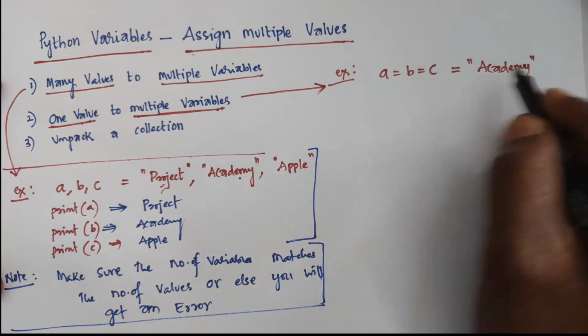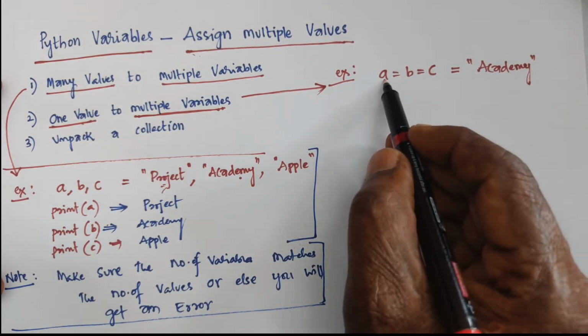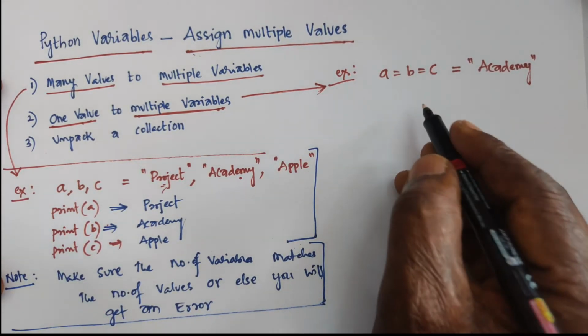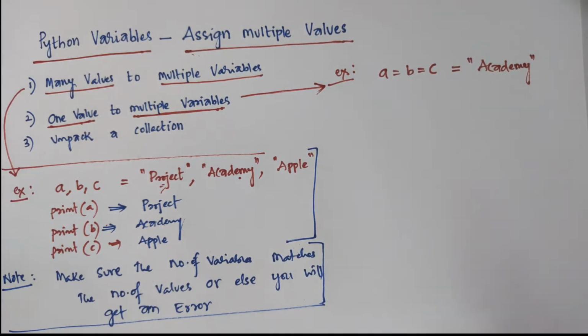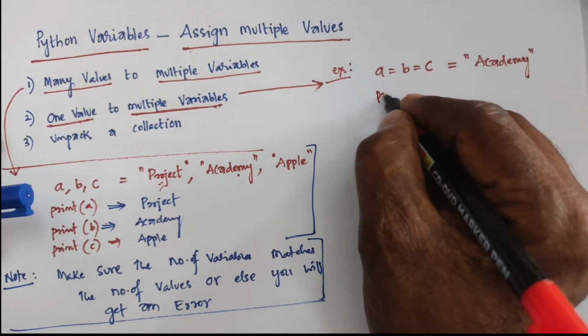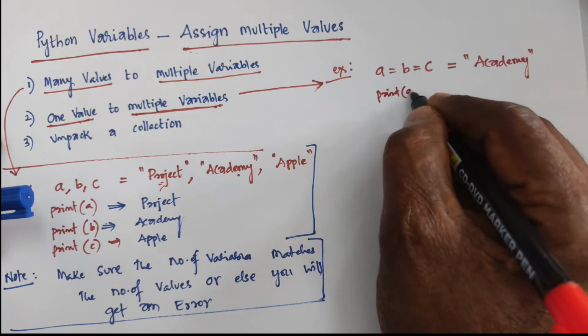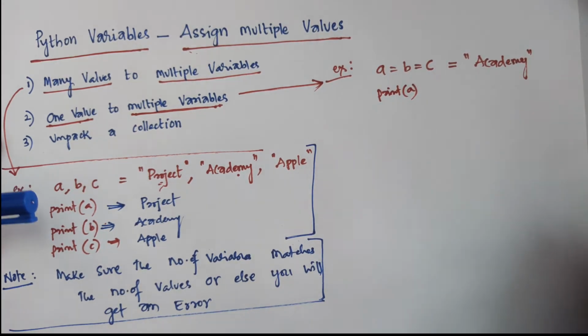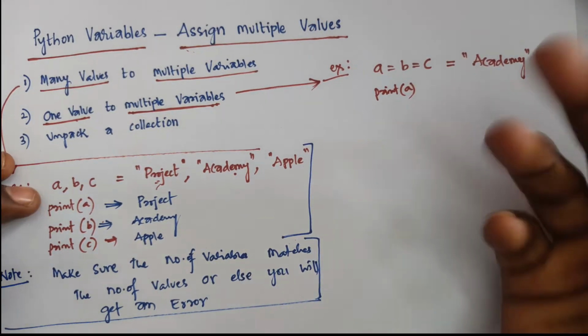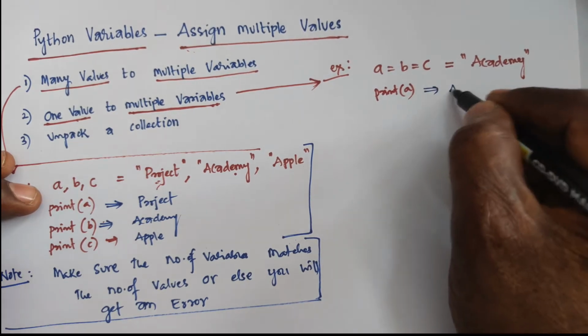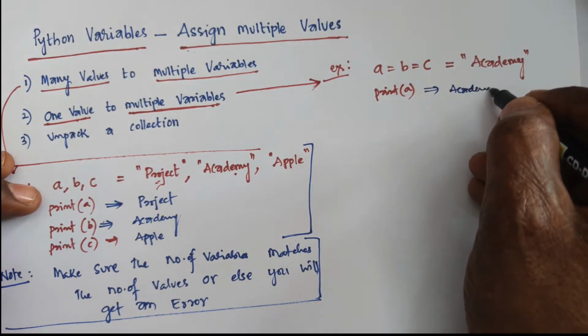We have only one value to multiple variables: a, b, c are the variables. After execution of this instruction, if you write print of a, the result will be academy.